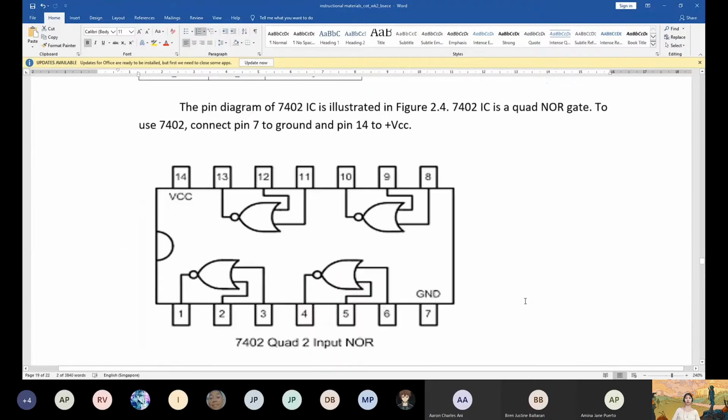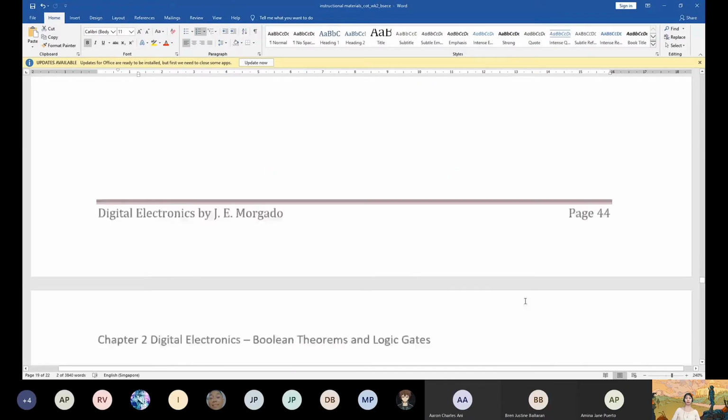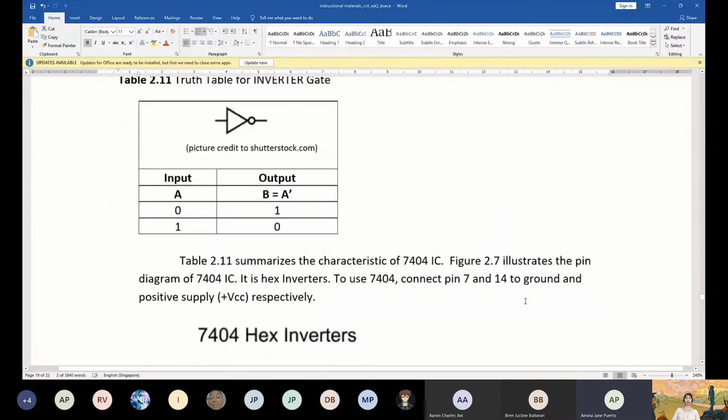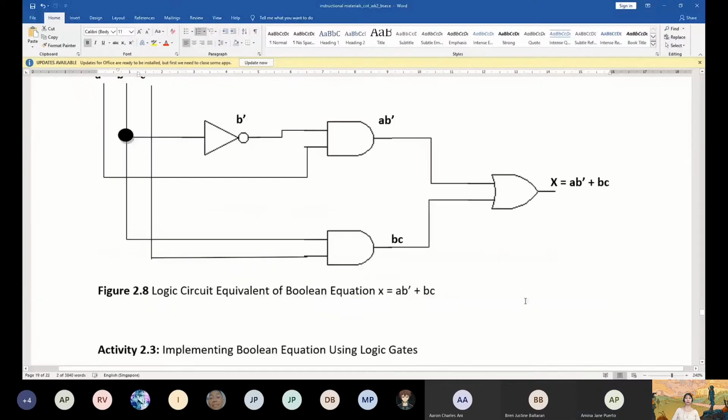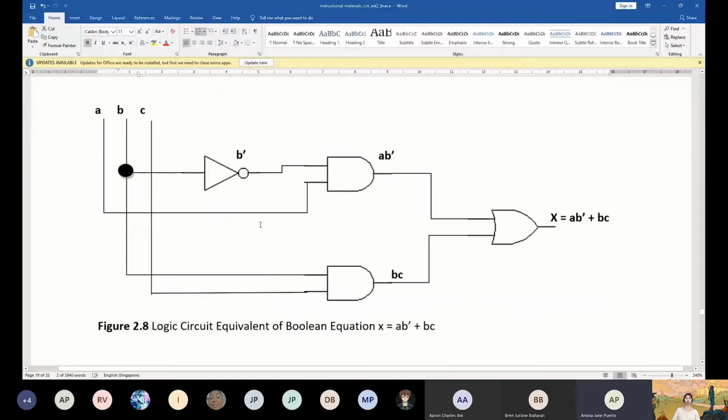But how many OR gates do we need for this? One. Okay, so we only need 1. But every time you buy an IC, you'll have 4 gates, so that means you have 3 gates spare.